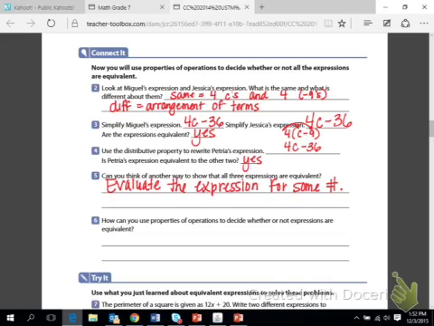So for example, we could substitute some random number. In this case, I'll choose C equals 2. So we could substitute C equal to 2 to see if they simplify to the same number.